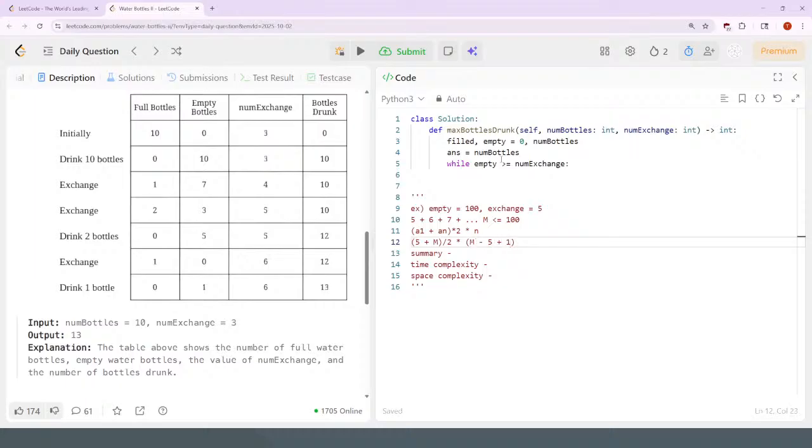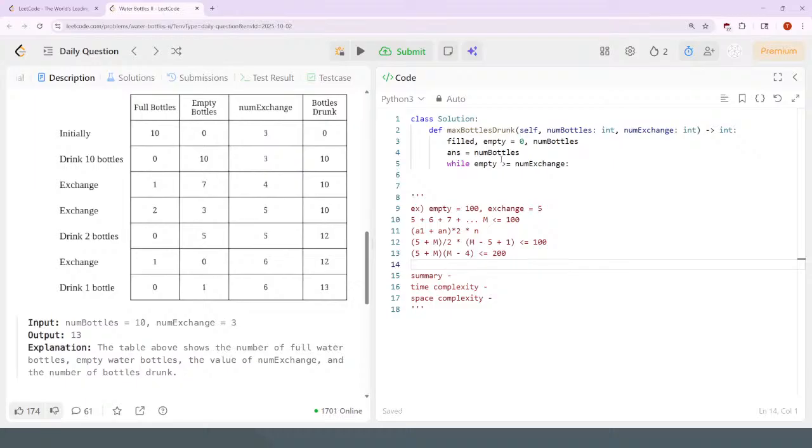If you include both, 5 to 6, that's 2 numbers, so it's 6 minus 5 plus 1, which is 2. It's less than 100. So if I multiply by 2 on each side, 5 plus m times m minus 4 is less than or equal to 200, and then that's quadratic.